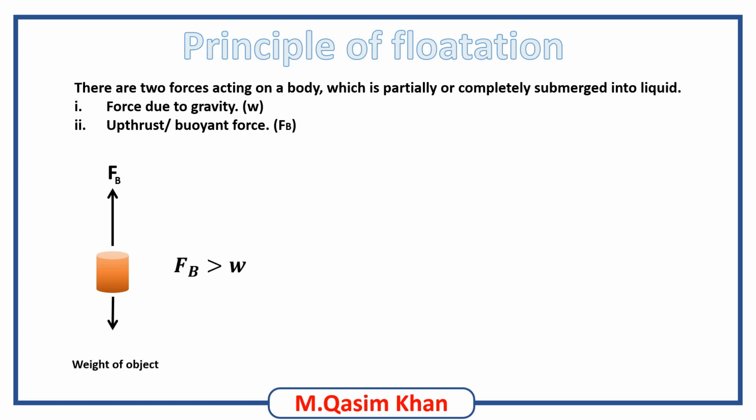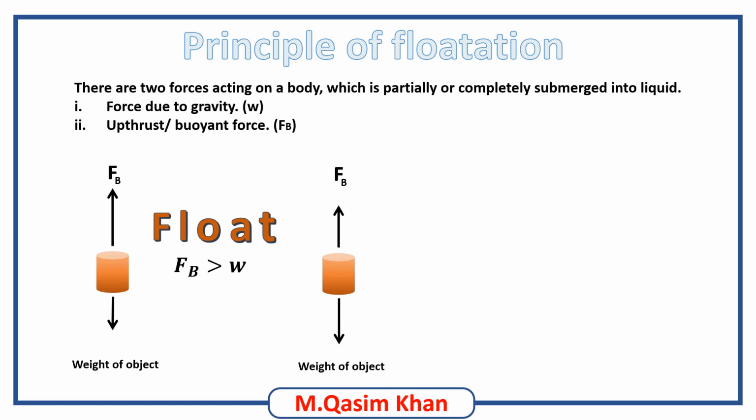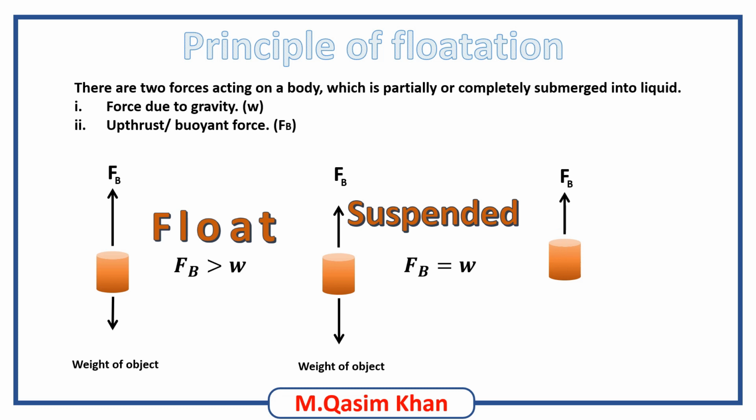When the buoyant force exceeds the weight of the object, it floats on the surface of the liquid. When the buoyant force equals the weight of the object, the object remains suspended in the liquid. When the weight of the object exceeds the buoyant force, the object sinks into the liquid, that is, F buoyant is less than the weight of the object.